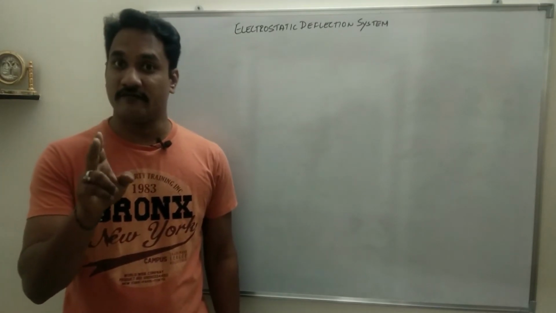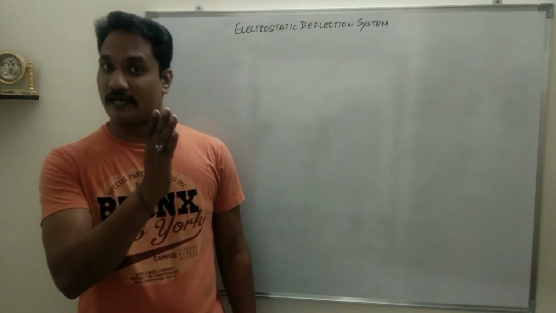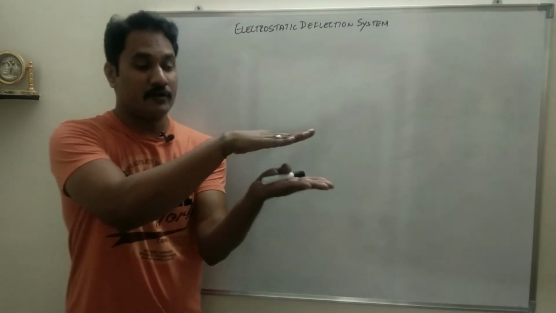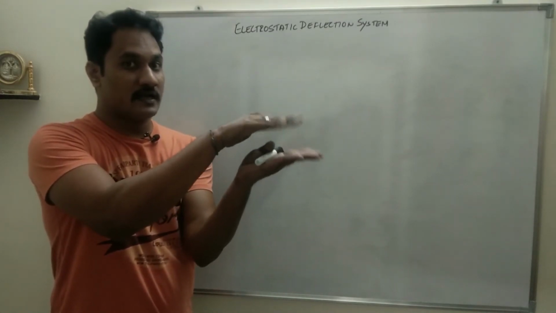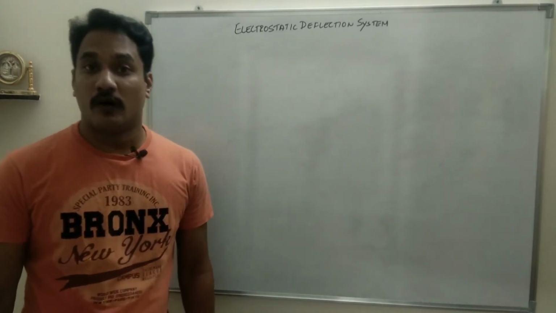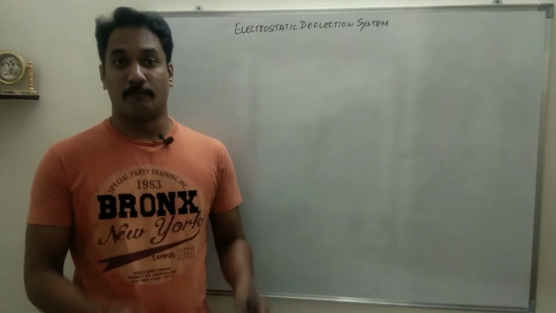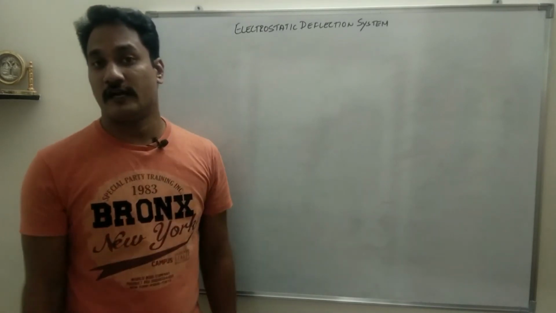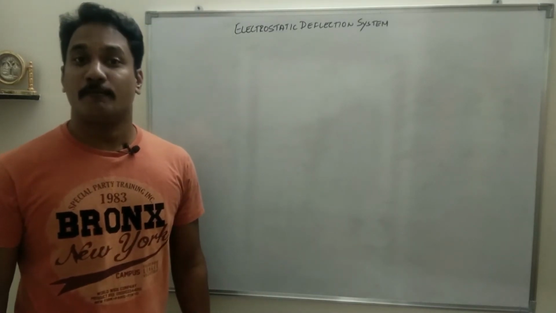For that we have the second part of the block diagram of the cathode ray tube: deflection plates. The plates which are kept horizontally move the electrons vertically. They are called vertical deflection plates, and the plates which are kept vertically move the electrons horizontally. They are called horizontal deflection plates.